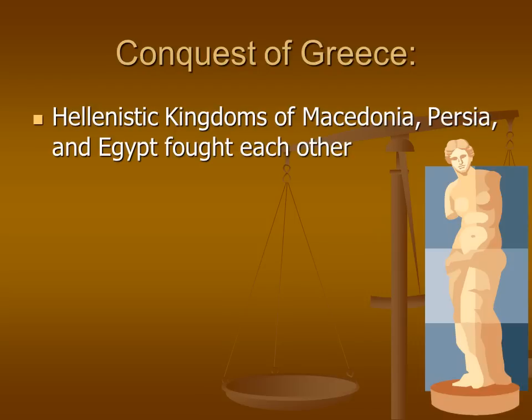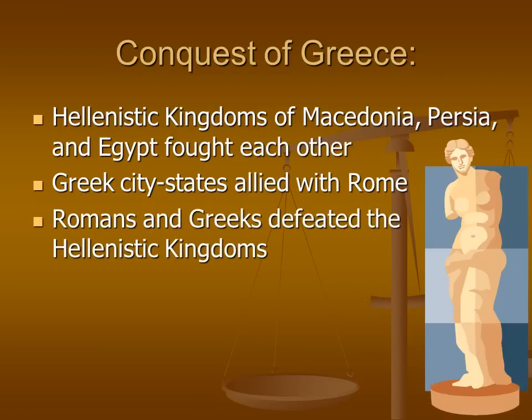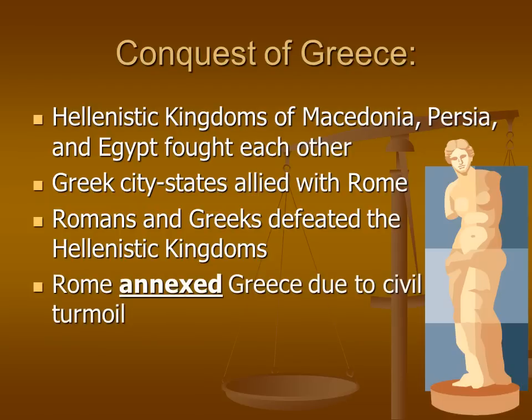And those men, Seleucus, Antigonus, and Ptolemy, are all fighting each other. And so these city-states start to ally with Rome in order to try to defeat the Hellenistic kingdoms. So the Greek city-states that are left try to defeat these Hellenistic kingdoms, and with Rome's help they do so. Then Rome annexes Greece. Annex means to add on.